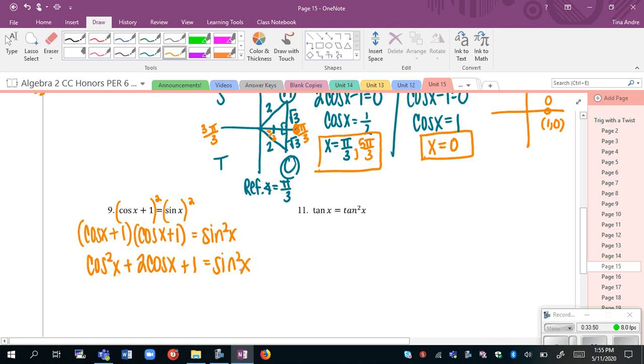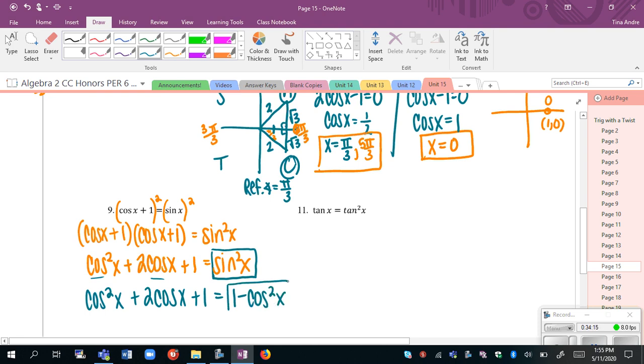So now I know which one needs to go. The sine squared x is what needs to go. I need to replace this in terms of cosine because I have cosine and cosine here. So I'm going to rewrite this as cosine squared x plus 2 cosine x plus 1 equals, and instead of sine squared x, this is going to be 1 minus cosine squared of x.